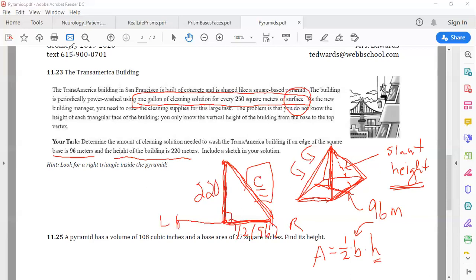So once you figure out what C is from the Pythagorean theorem, you can plug that in, and that is the area of one side of the building. How many sides do we have on the building? You're going to need to multiply that. It's going to be a really large number.